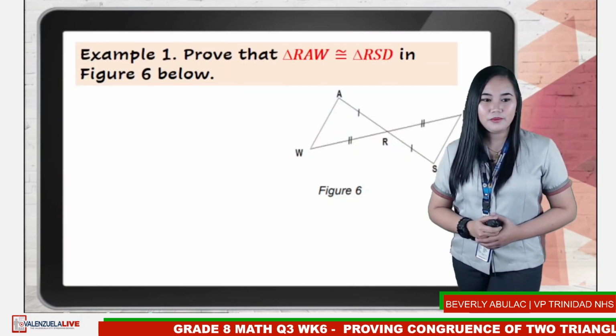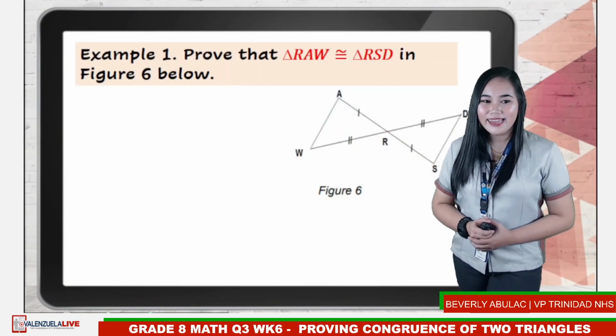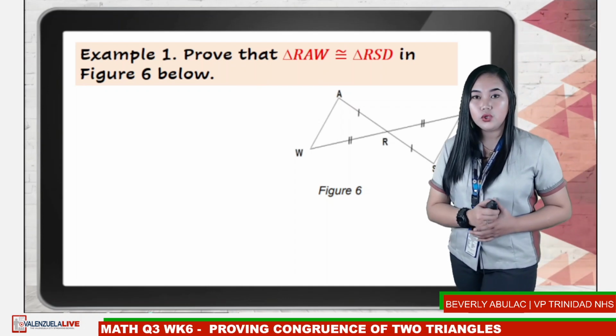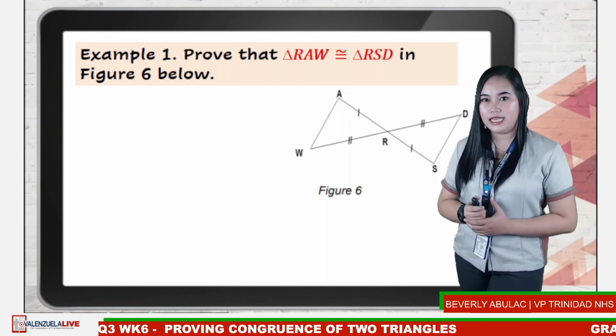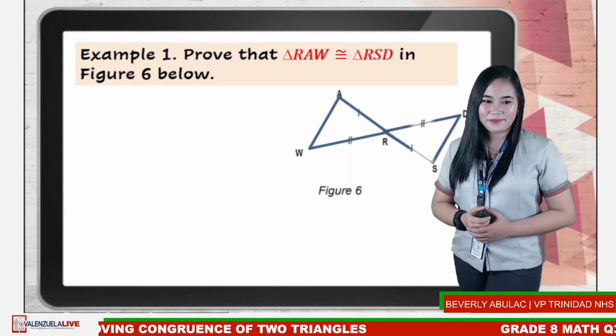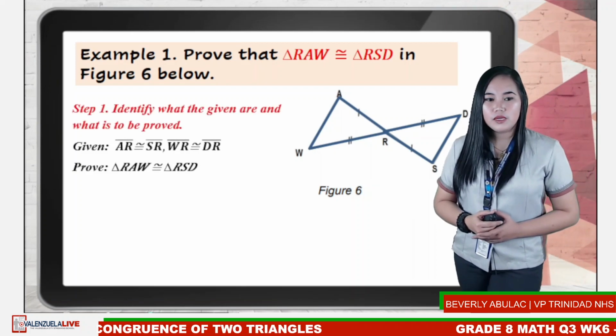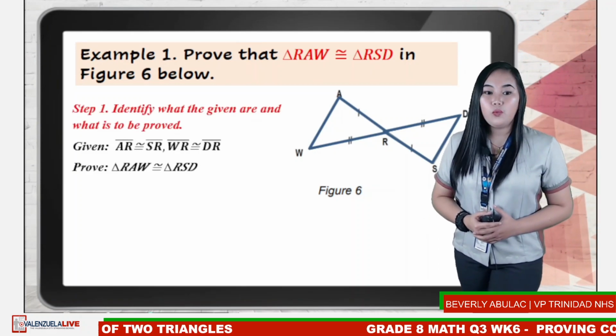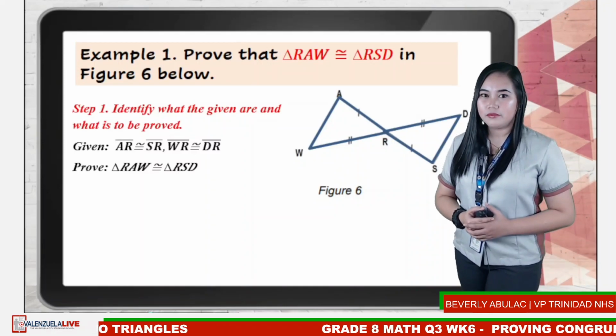Let's go. For example number 1, you have to prove that triangle RAW is congruent to triangle RSD in figure 6. Now, for step 1, identify what the givens are and what is to be proved.